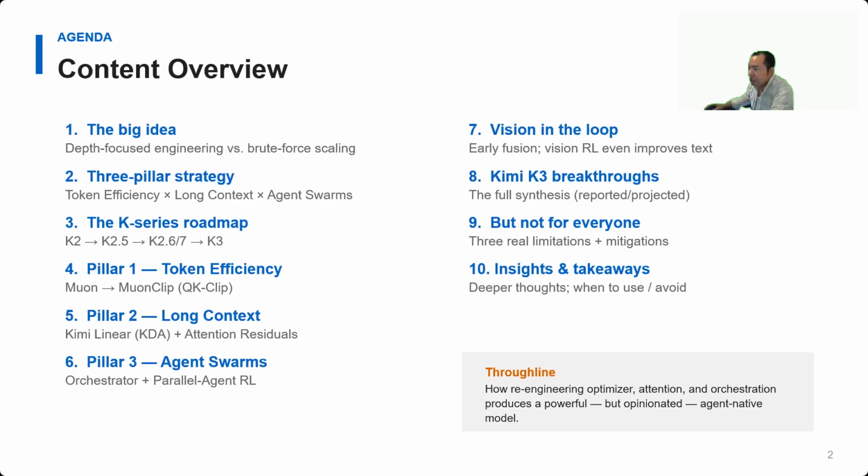And I think there's a through line that holds the whole talk together. This is a story about re-engineering fundamentals, and how that produces a model that is powerful precisely because it is opinionated.